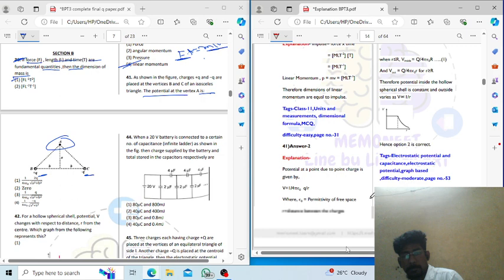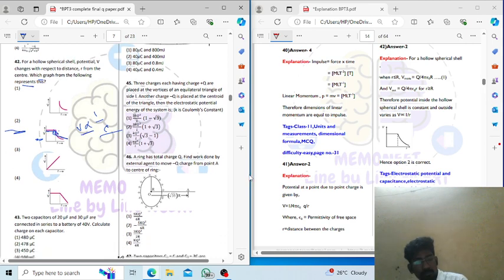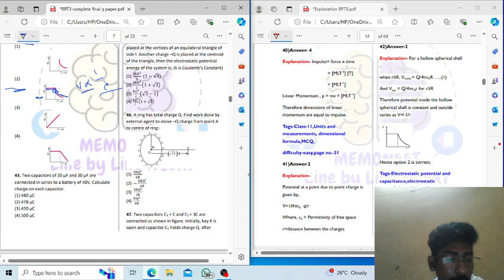Two capacitors of 20 and 30 are connected in series, so therefore the equivalent capacitance will become 20 into 30 divided by 20 plus 30.